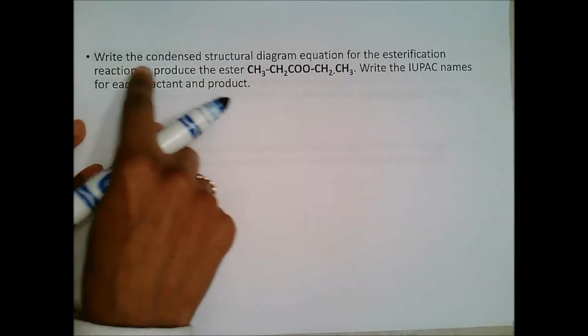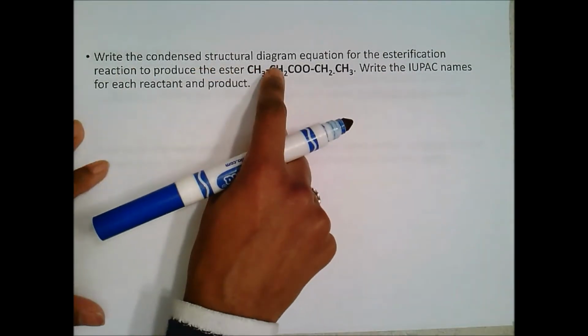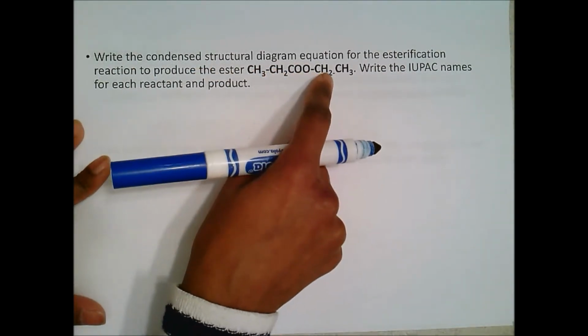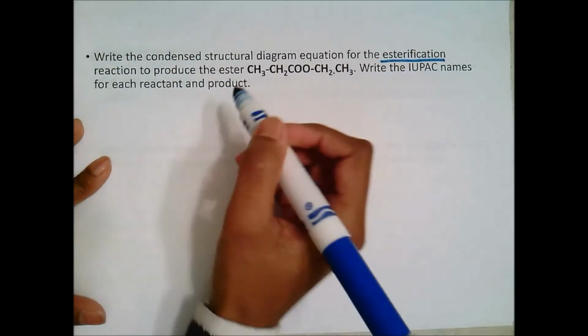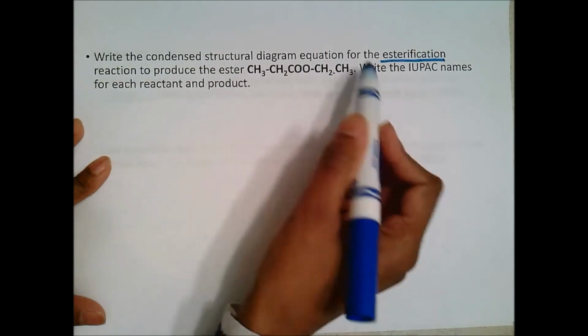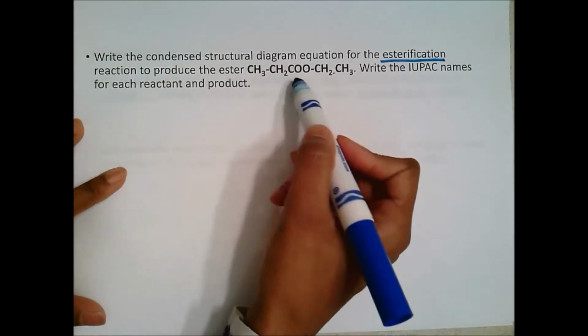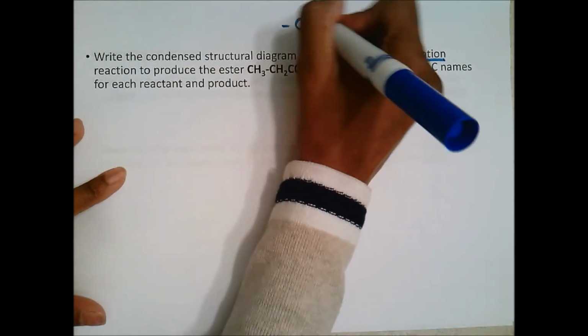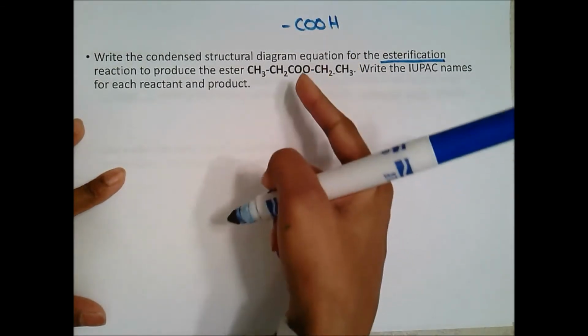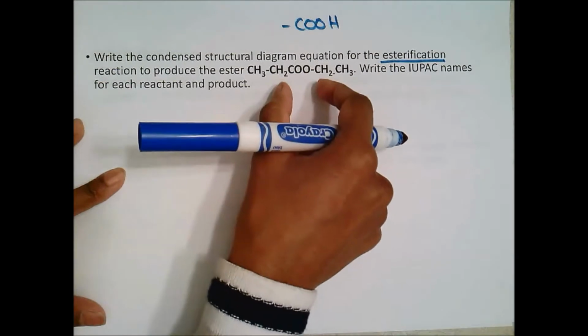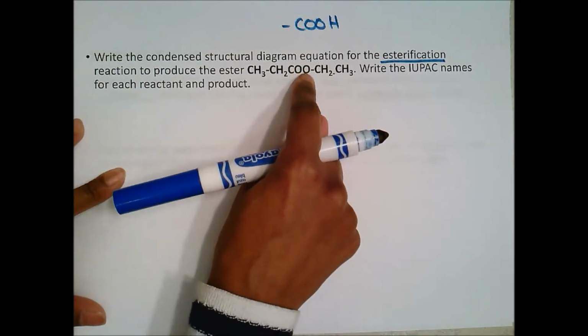Here we want to write the condensed structural diagram equation for the esterification reaction. So basically we want to produce an ester, but we want to specifically produce this ester. So sometimes remember that carboxylic acids could be written as COOH because they're found right at the very end. Well, our ester, because they're found in the middle, they can have that COO look to it.